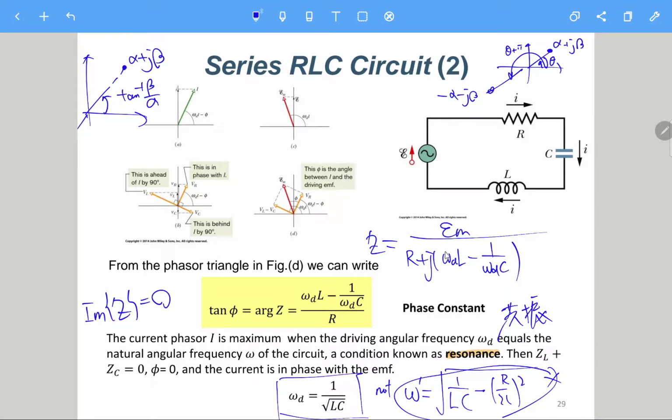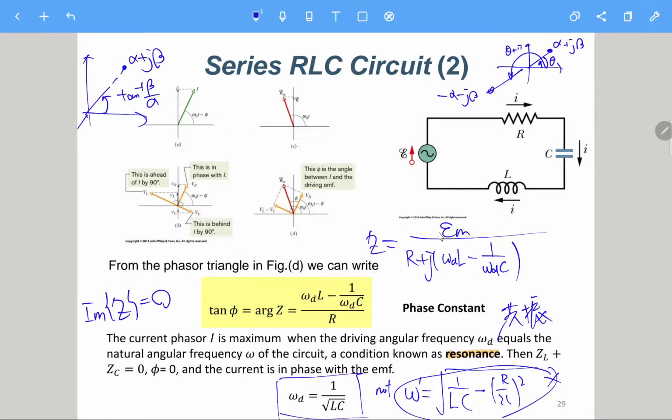In this case, omega_d L minus 1 over omega_d C should be 0, which makes omega_d L equal 1 over omega_d C. So omega_d is 1 over the square root of LC. If this term is 0, then Z will be a real number.